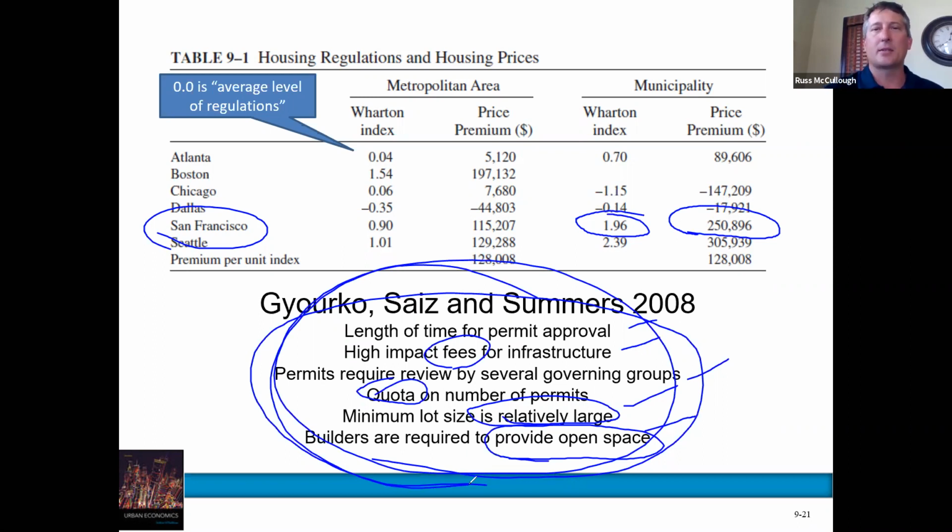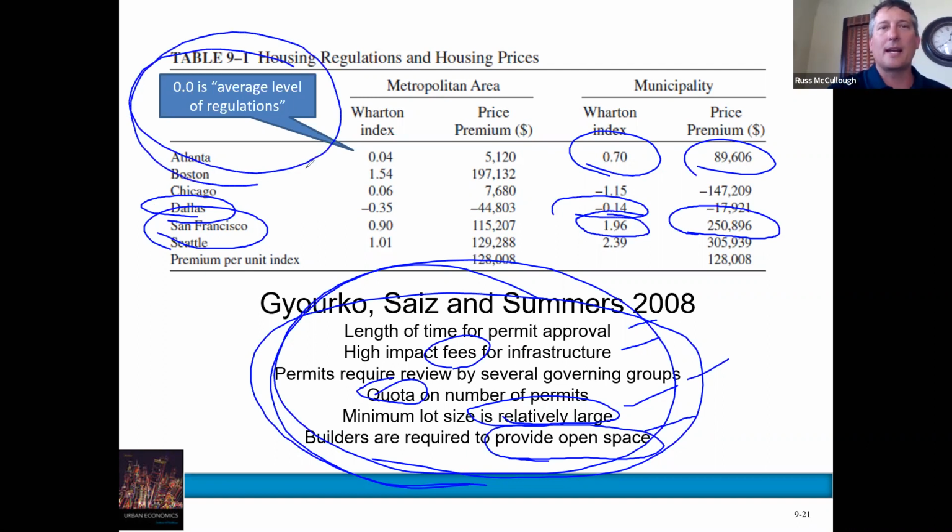And 1.96 was San Francisco's. Atlanta is a little bit lower, but then you've got places like Dallas that are very low. So 0 is the average level of regulations. It's certainly not no regulation, of course. These regulations can be very good, but whether they become onerous or not, that's the issue. And Seattle, 305,000.